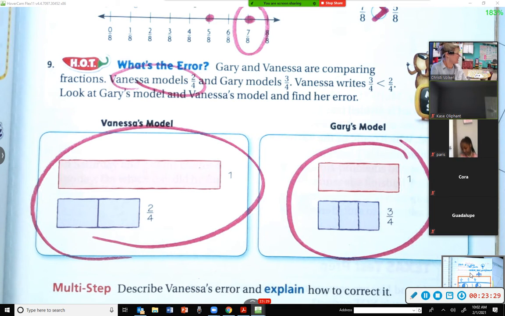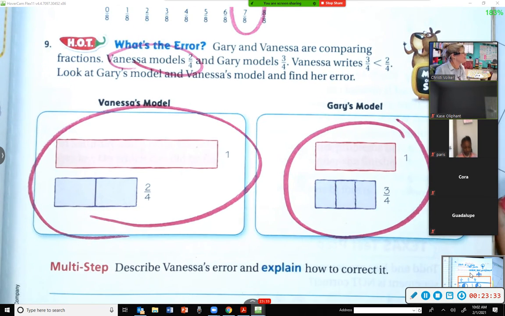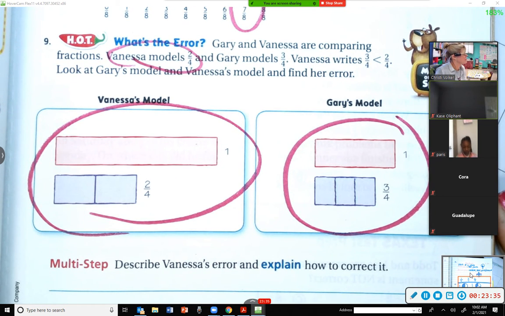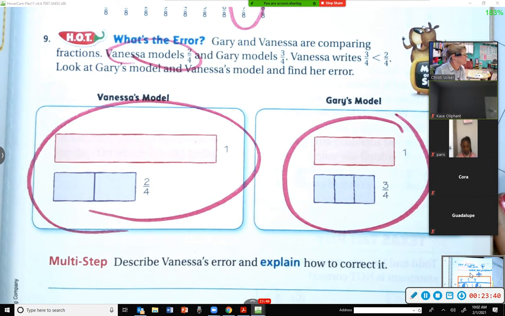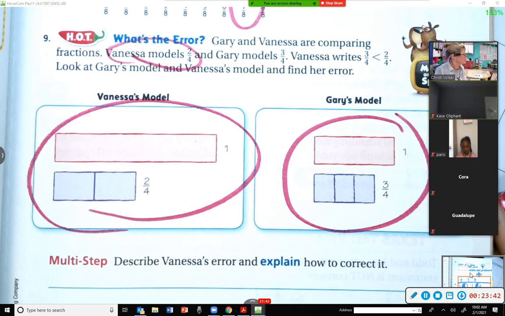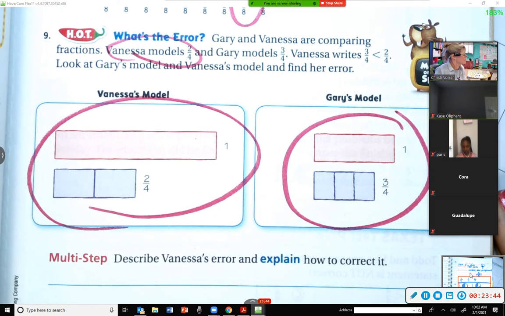Kelsey? The top one, the orange one, on Gary's and Vanessa's, they don't have like a cut up piece, and it's just empty, and they don't have a cut up piece like 1/4 or something.